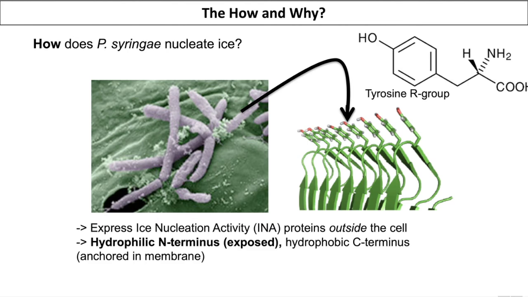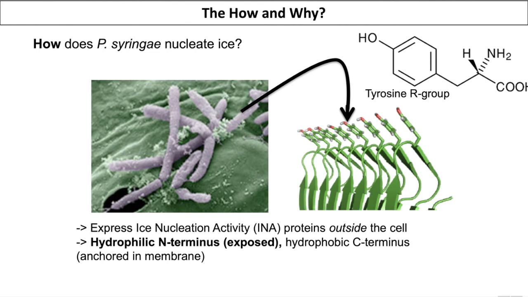So this is a tyrosine side group, and tyrosine has the benzene ring with a hydroxyl pointing out away from the peptide backbone. So we've got this hydroxyl pointing out. The way that these tyrosine hydroxyls are organized within the overall structure of the protein is that all of these tyrosine residues are pointed out in basically the same direction.